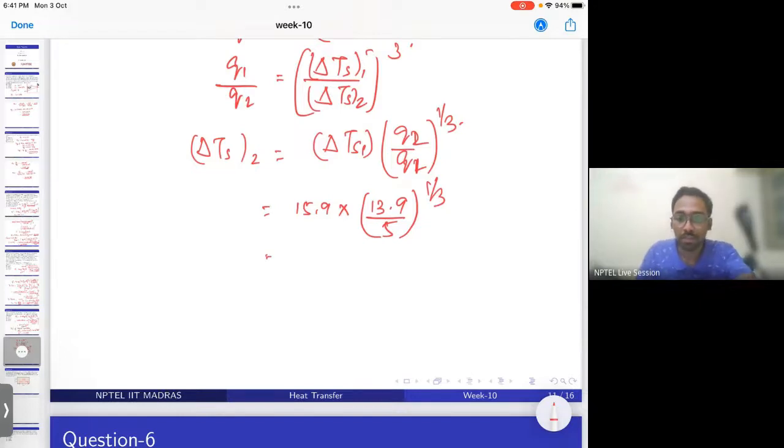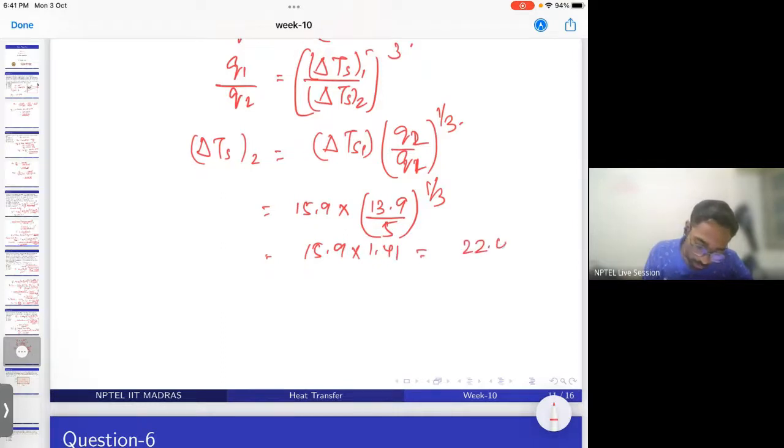How much will it be? So you will get this as 15.9 into 1.41.